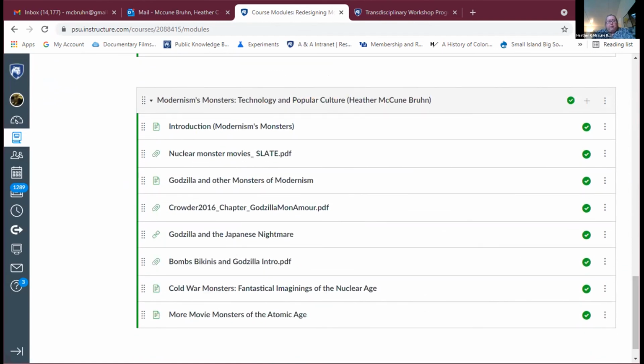And then with Modernism's Monsters, this is all of the technology and popular culture nightmares. So I did a bit of a dive into monster movies and the imaginations in monster movies based on real disasters like the Fukuryu Maru being caught up in a nuclear test and so on.